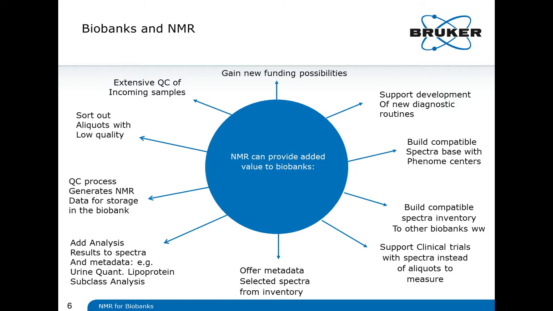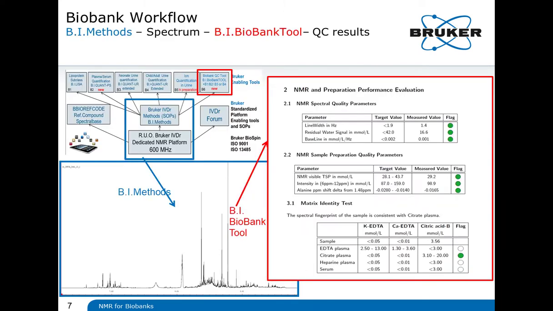And of course, if we have the metadata, we can select spectra based on metadata that are interesting from this inventory, and later, if this is standardized over multiple biobanks, that will of course support clinical trials, which I will explain in a moment.